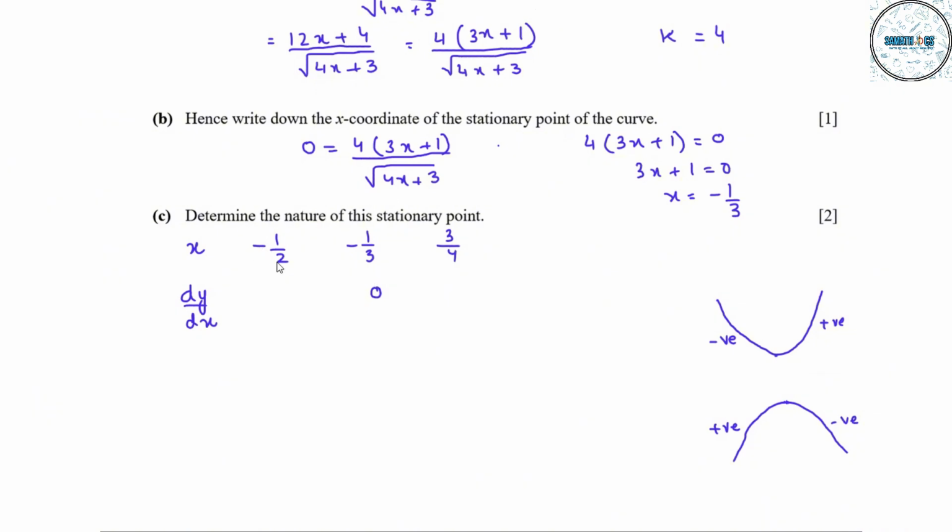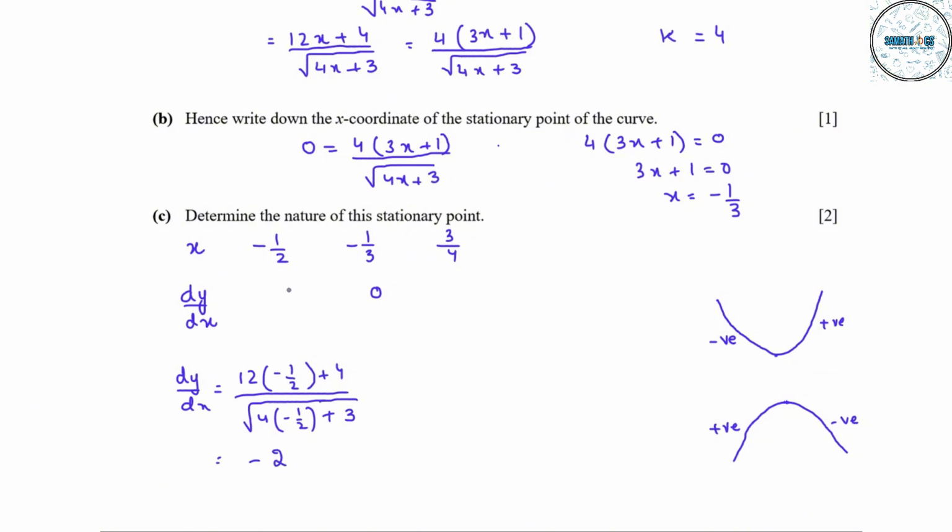We can substitute -1/2 into dy/dx, and we can take this form of dy/dx. So dy/dx is equal to 12 into (-1/2) + 4 upon √(4 into (-1/2) + 3), which will give the answer as -2.